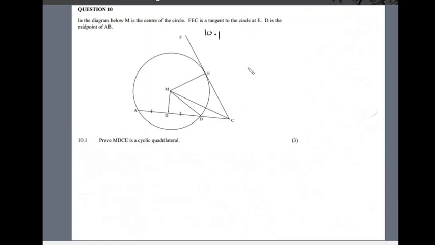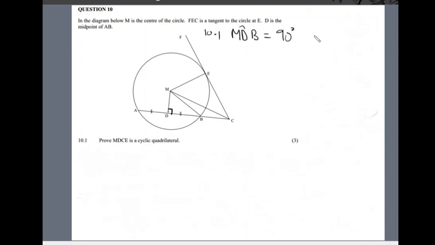So here I can say M is the center, FEC is a tangent, D is the midpoint. Because D is the midpoint of AB, we know immediately that this angle is 90 degrees, right? It's the converse of that theorem. It says a line from the center perpendicular to a chord bisects the chord. So MDB is equal to 90 degrees, right?